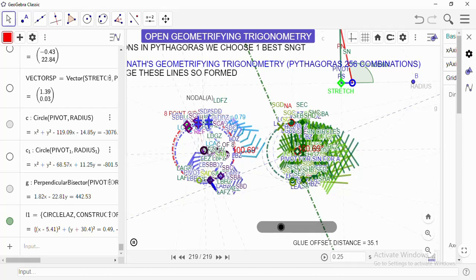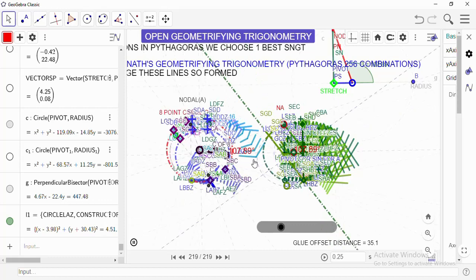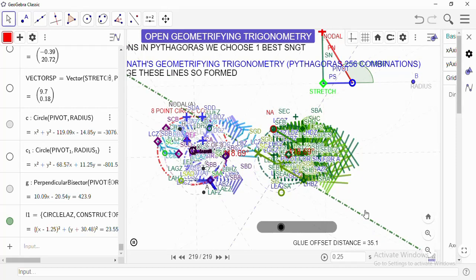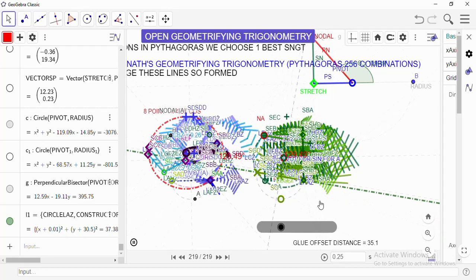Sometimes this picture looks like this picture, and sometimes this picture looks like this picture. This green line has turned into a hypotenuse, which was a 5-point conic, and again it will become a conic after some time when the angle fits the right positions.